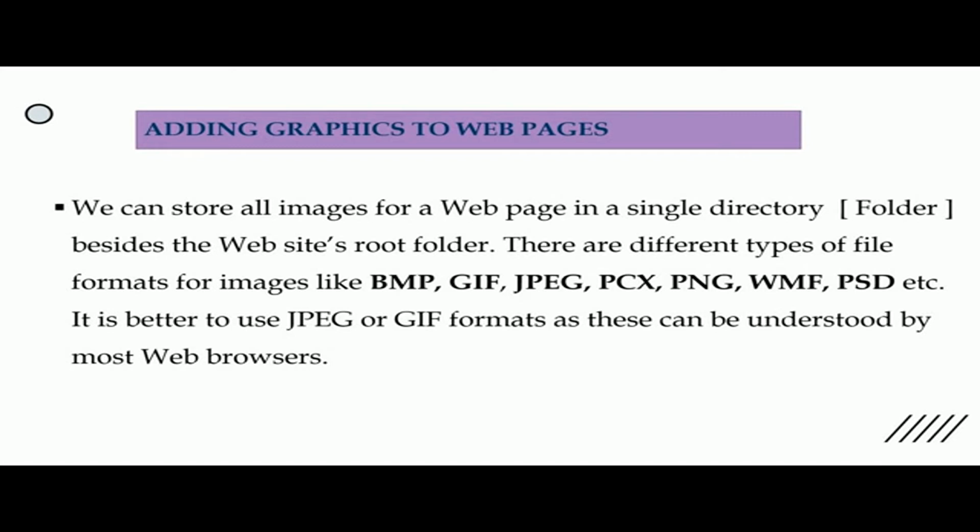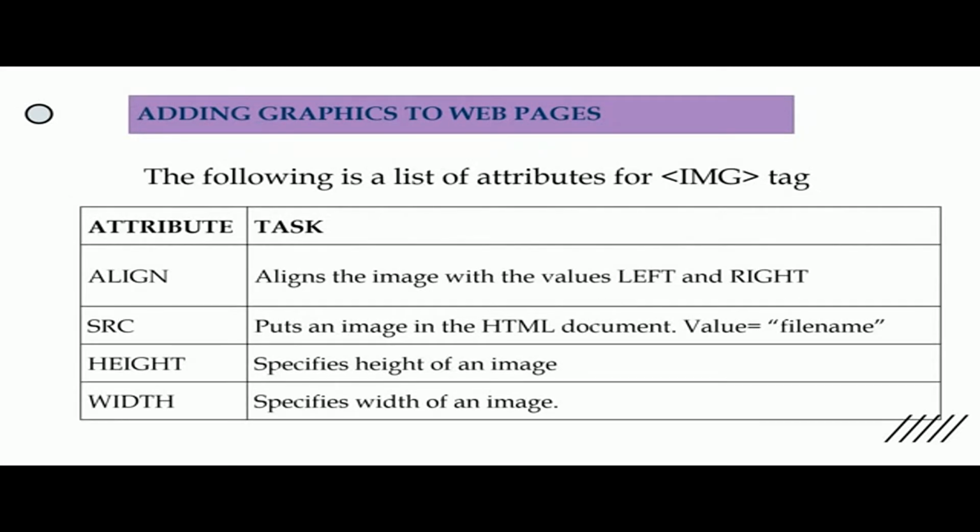Next, we will see the attributes of the image tag. The first one is the align attribute. This aligns the image with the parameters left and right. This will display the image on the left hand side or right hand side of the web page.